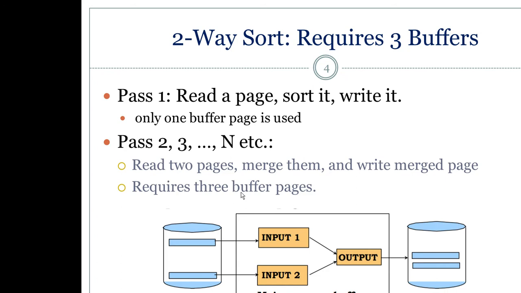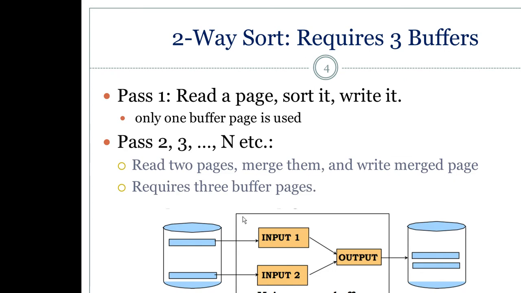And consider that we want to arrange the data in ascending order. Then the first record from input buffer 1 will be compared with the first record from input buffer 2. Whichever is smaller will be written onto the output buffer. Consider input buffer 1 has the smaller record, so that will be written on the output buffer. Next time, the next record from input buffer 1 will be compared with the first record of input buffer 2.